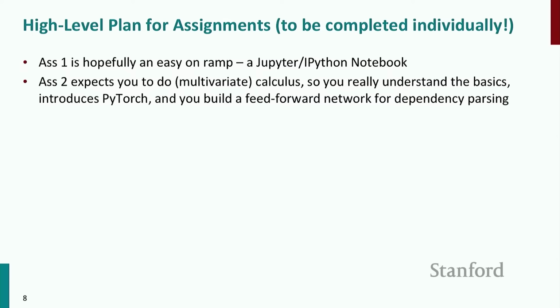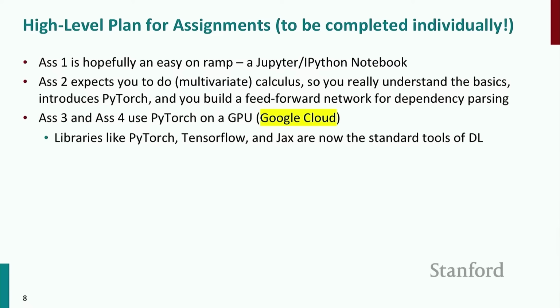So in assignment 2, we actually want you to do some math and understand how things work in neural networks. So for some people, assignment 2 is the scariest assignment in the whole class. But then it's also the place where we introduce PyTorch, which is a software package we use for building neural networks, and we build a dependency parser, which we'll get to later as something more linguistic.